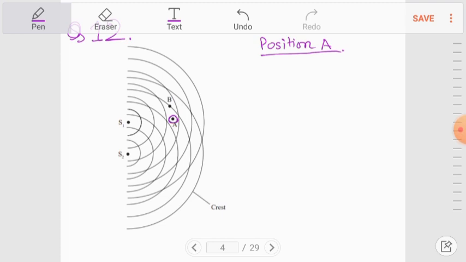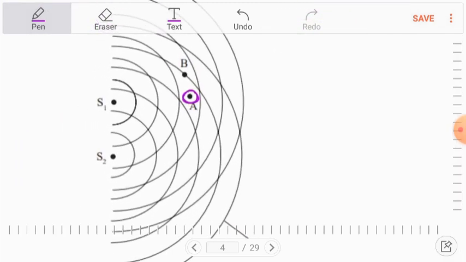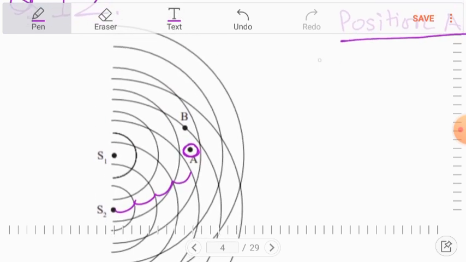Position A is on this part, and if we count the number of wavelengths away from S2, it will be 1 wavelength, 2, 3, 4, and the position is almost between 4 and 5, so it's considered 4.5 wavelengths. So position A is 4.5 wavelengths from source 2.